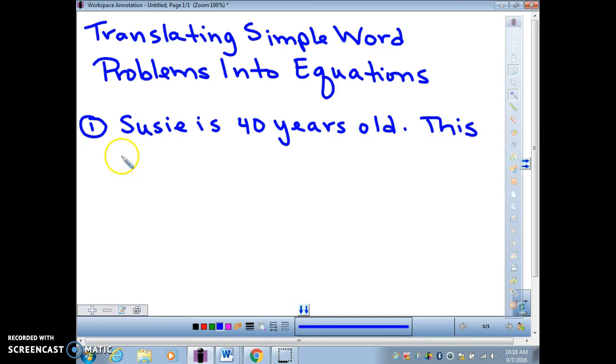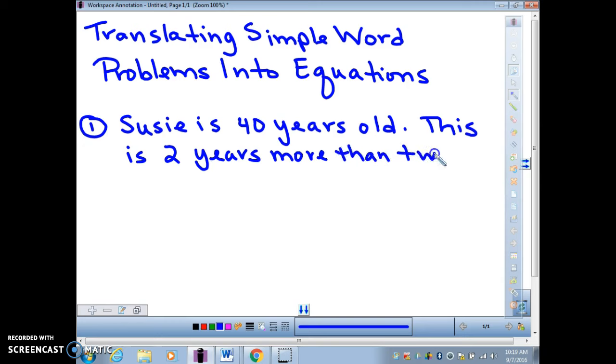This is 2 years more than twice Wilson's age. Okay, we want to take this and we want to write an equation with it.